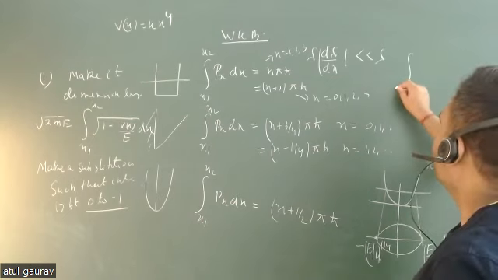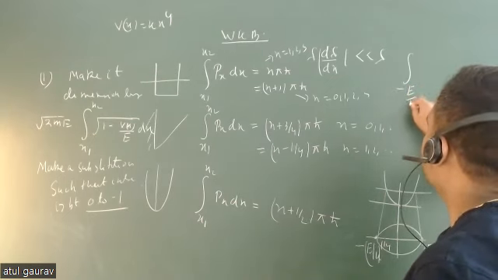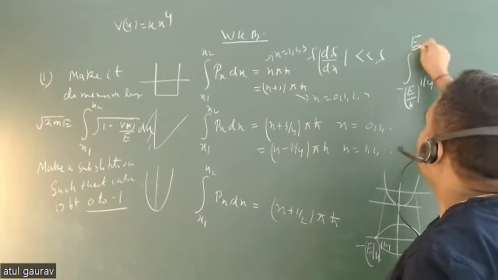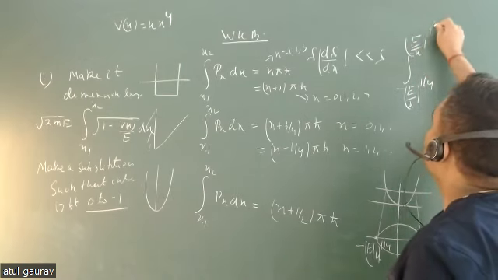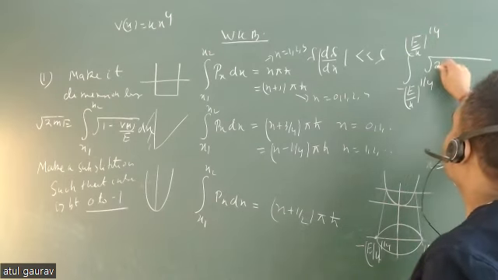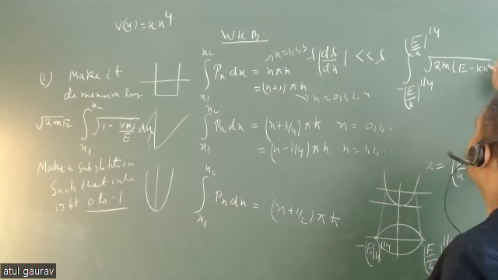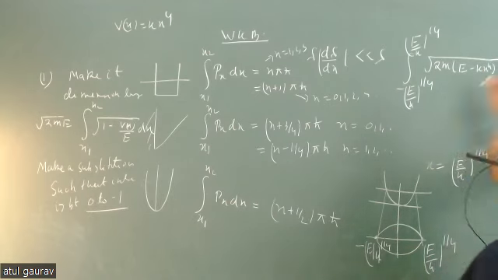Your integration will be from minus (E upon k) to the power 1 by 4 to (E upon k) to the power 1 by 4, of 2m (E minus kx to the power 4) dx.